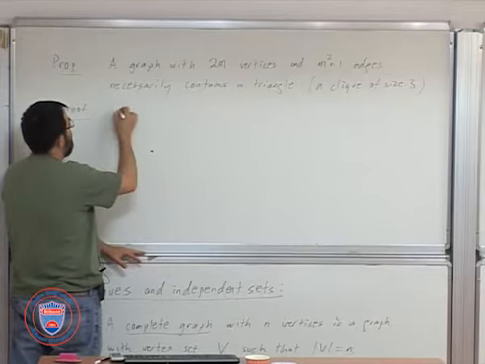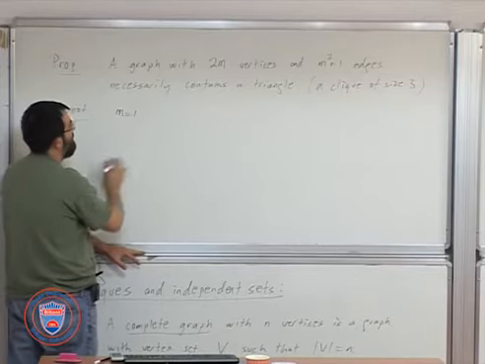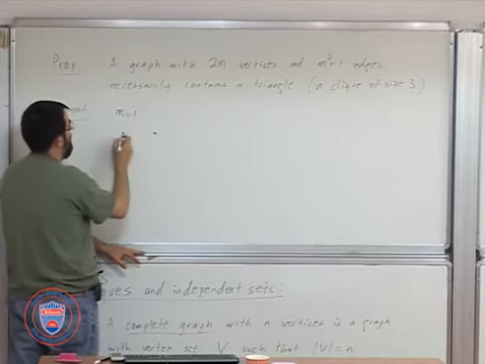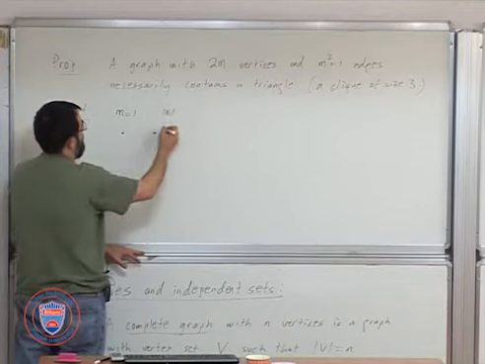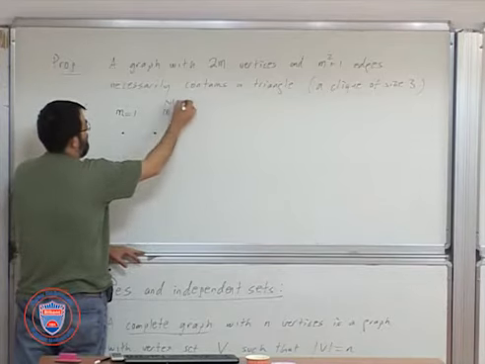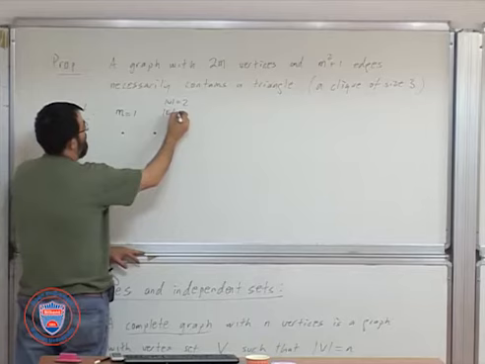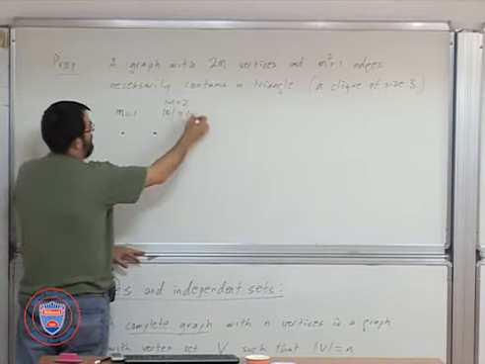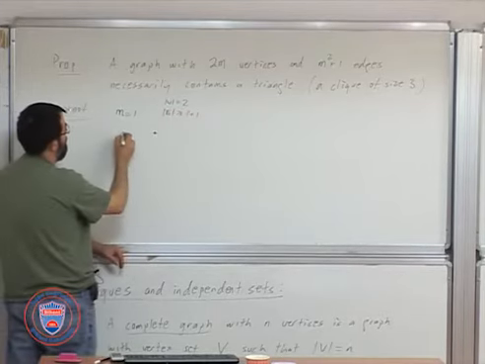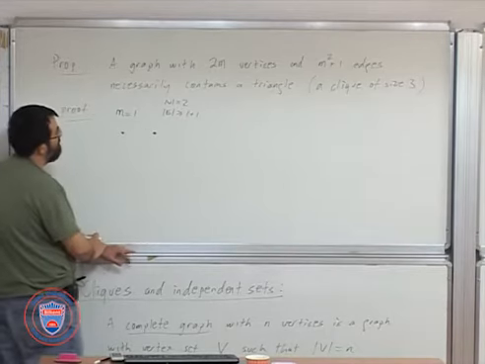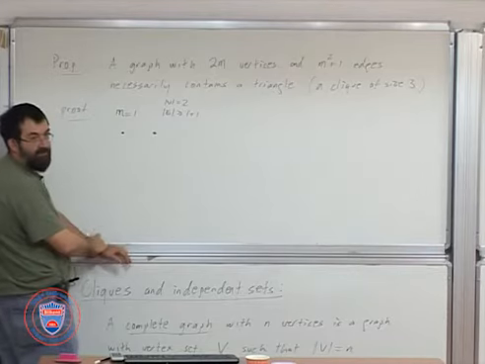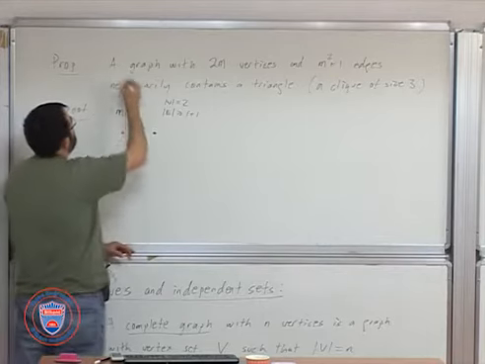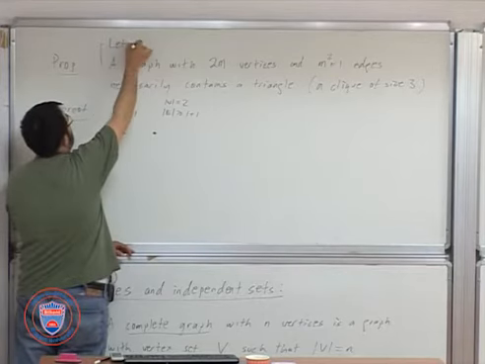First, m equals 1 is the easy case with 2 vertices, and the number of edges is 1 plus 1. So it's not possible with m equals 1, right? So we should be saying that m is bigger than or equal to 2.